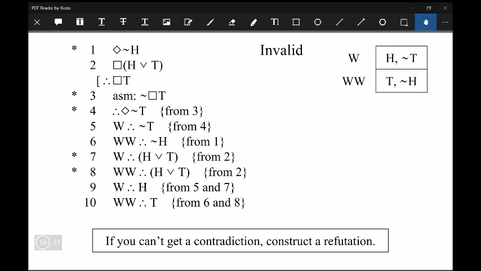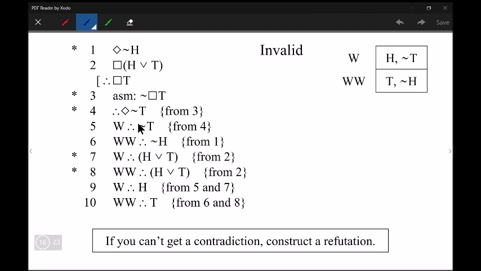Well, you don't get a contradiction. You work the same way, assume the opposite, reverse squiggles, drop diamonds, except here you've got 2 diamonds to drop, and then each one has to go into a new and different world. So you have, it's possible that it's not heads and possible that it's not tails. So imagine a possible world where it's not heads and a possible world where it's not tails. Remember, Christopher Columbus, it's possible to go to a new world.